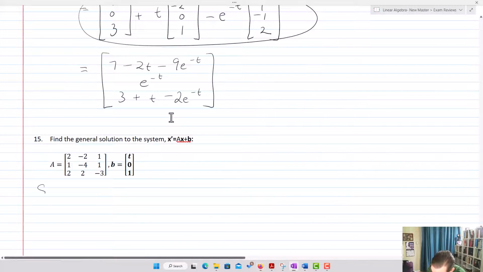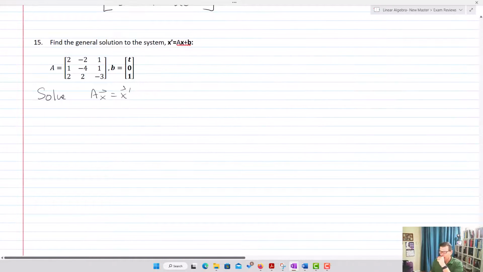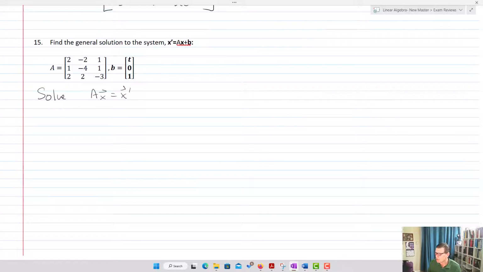So we start out with solving Ax equals x prime. The method for that is exactly the same as we've been doing thus far, because we have a constant coefficient matrix. So I'm going to find my eigenvectors and eigenvalues. I get lambda 1 equals negative 5, and that's going to have v1 equal to negative 1, negative 2, 3.